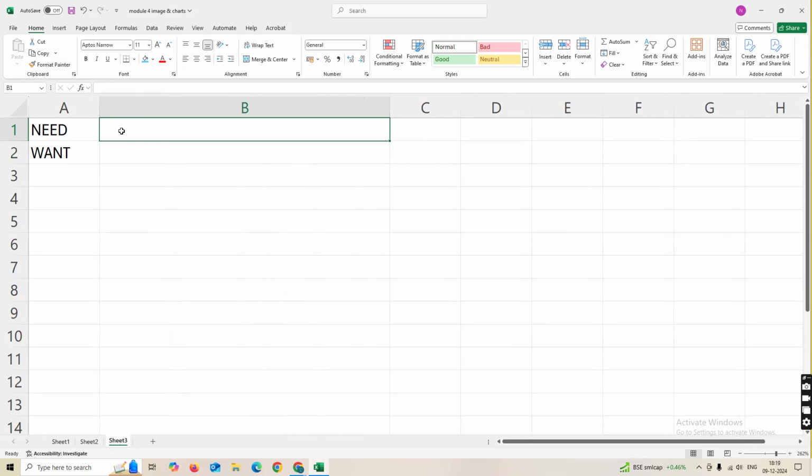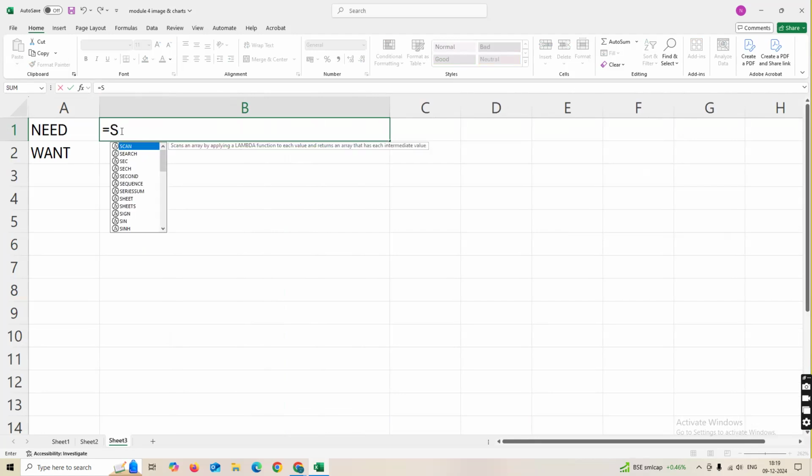I'll write the formula. Equals to, first of all, it goes as sumif. Let me use lowercase for the formula. Sumif. What I have to sum and what is my if condition, okay? If it is need.